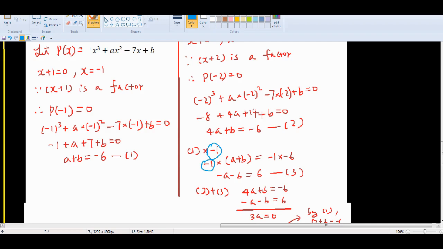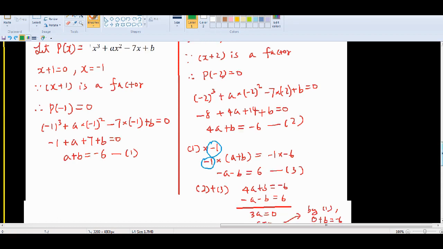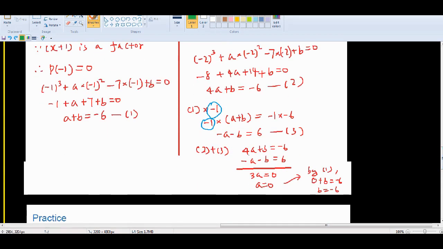Now you see that's minus b, and that's positive b in 2 and 3. So we can add them up, and you will see that b will be cancelled out. You will only see 3a equals 0, because minus 6 plus 6 is 0.